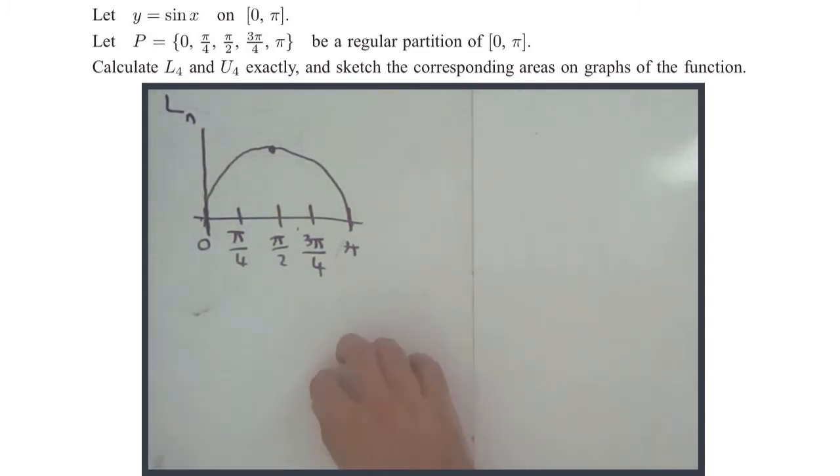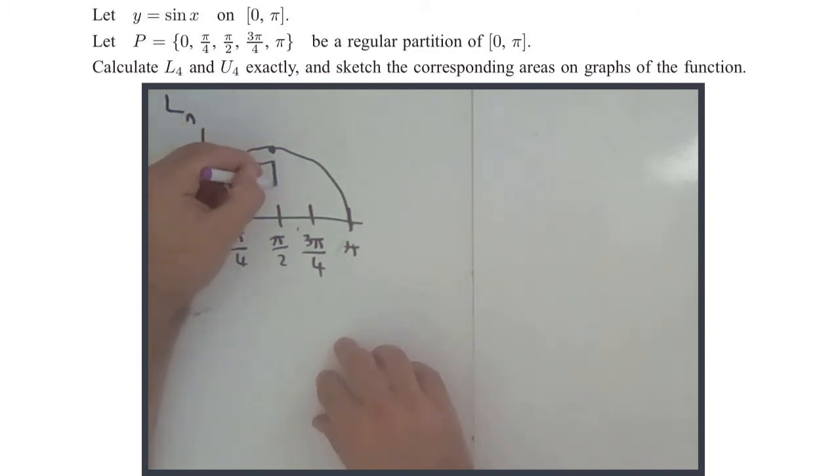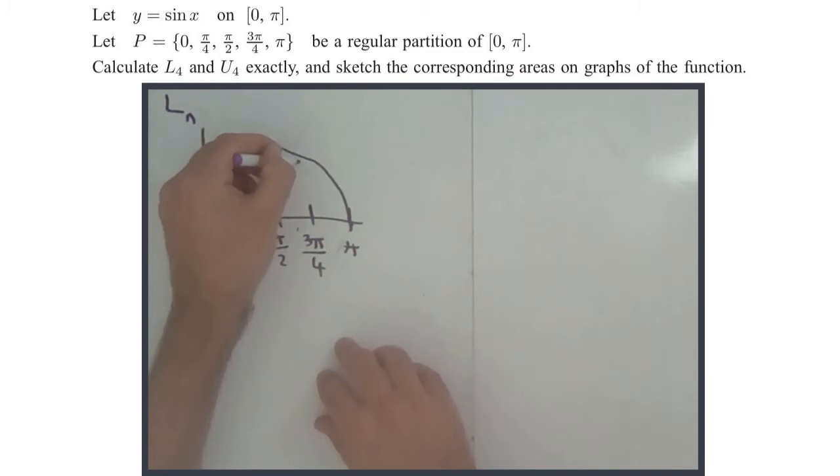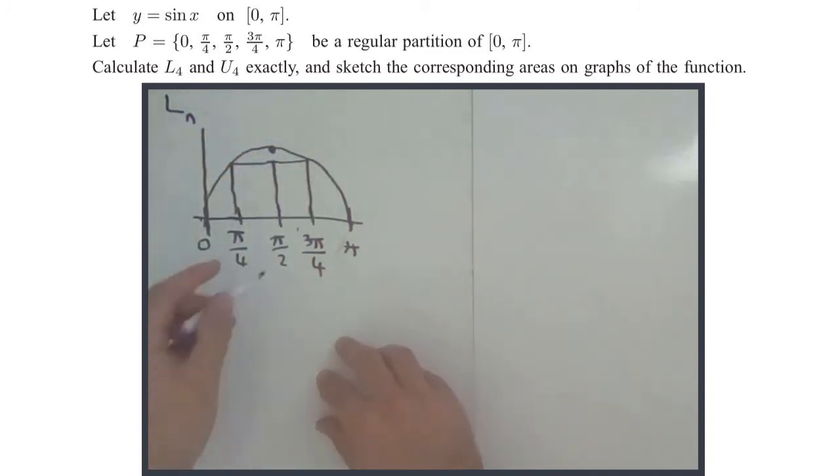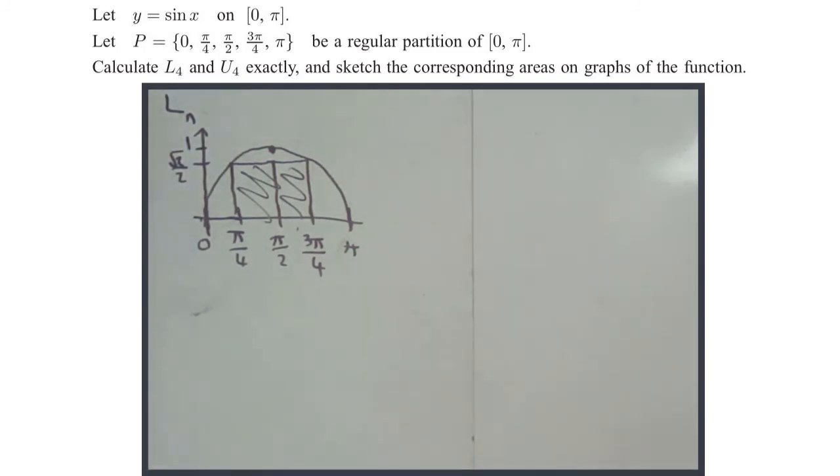For the lower, we used this for the first one, there's no bar at all. Then we used f of pi by 4, which was that rectangle there. Then we used f of 3 pi by 4, which is that. And then we use 0 again, so that's your lower one. If we put some numbers on the x's, remember this was root 2 over 2, and the top of it is 1. Okay, so that's the lower.